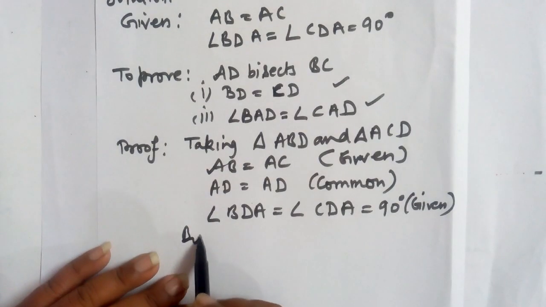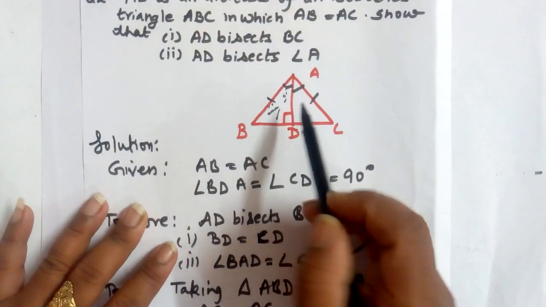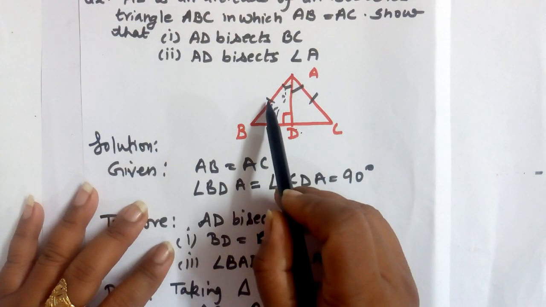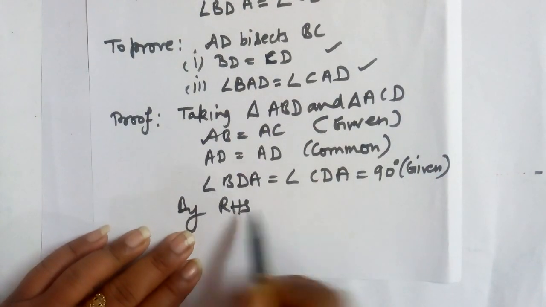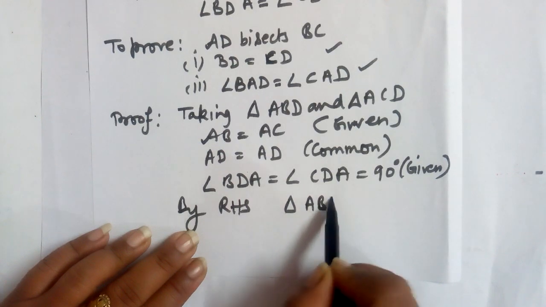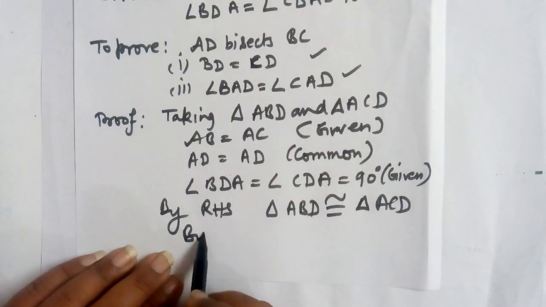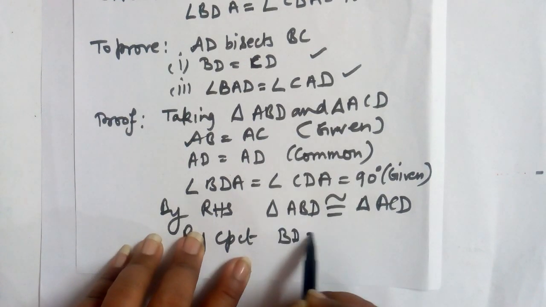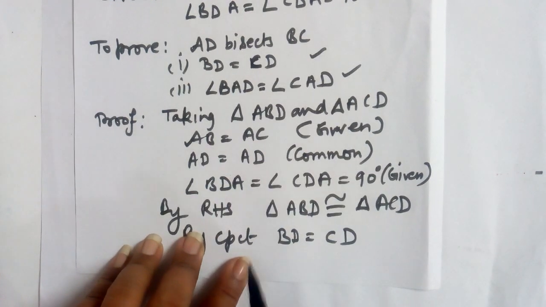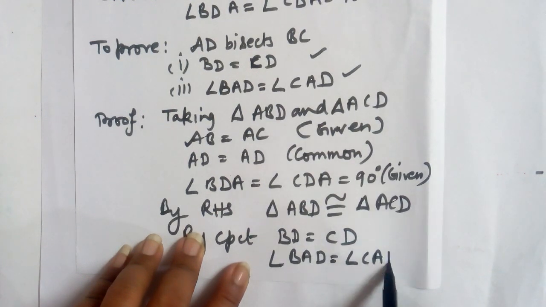Now by which congruency rule? That is also very important. If we see here, right angle, hypotenuse and side. So by RHS, triangle ABD is congruent to triangle ACD. And by CPCT, we can say that BD is equal to CD, and angle BAD is equal to angle CAD.